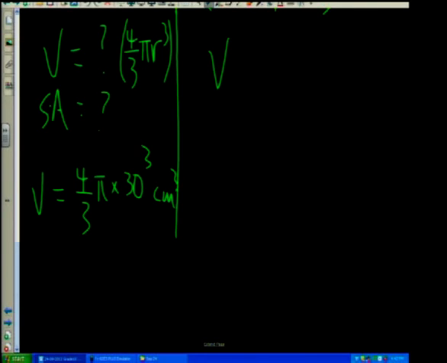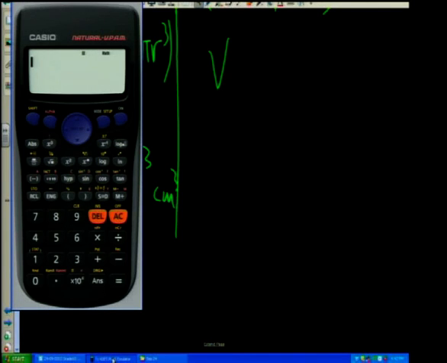Where is my calculator? If I can help you quickly there. You said 4 times pi, shift pi, 4 pi times the radius. Our radius is 30, we multiply by 30, and we raise that to the exponent 3, and divide all of that by 3.